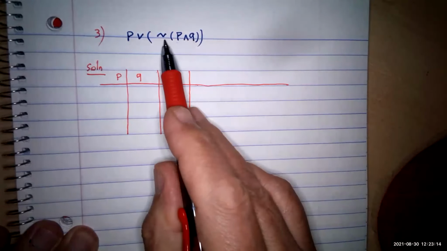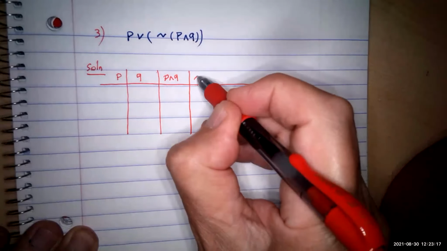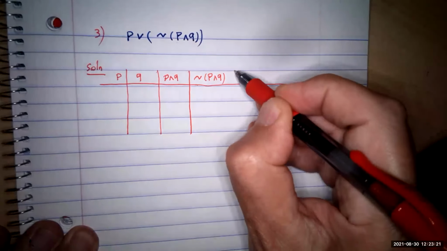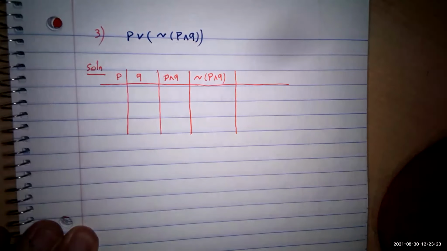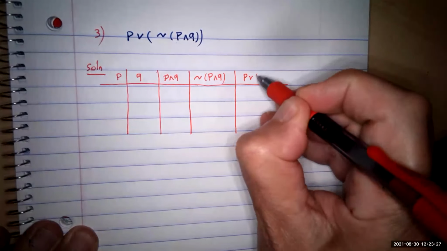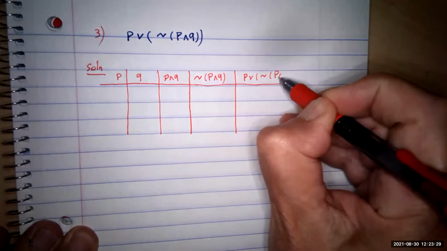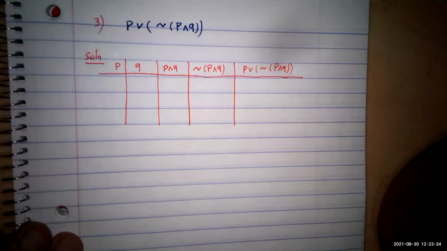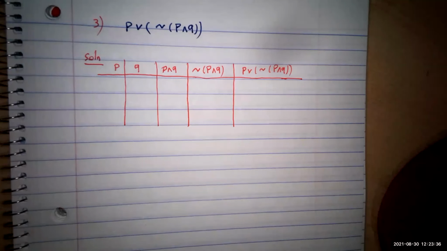And we need to make a negation of the P and the Q. Negation of the P and Q. Okay, and then we need the result, which is going to be P or not P and Q. Okay, break it into parts, and then get what we need.